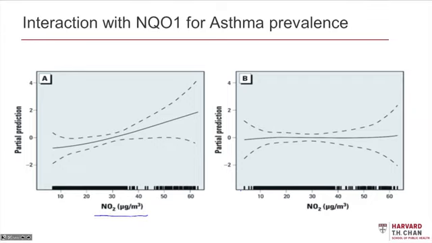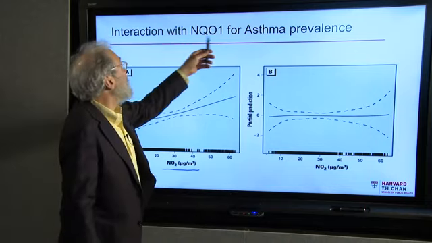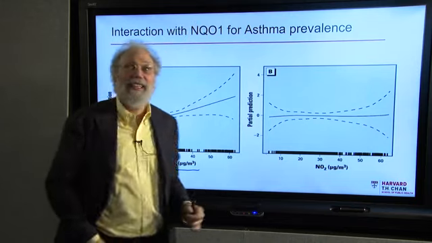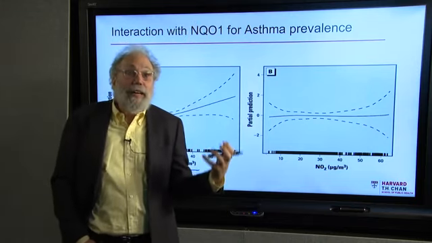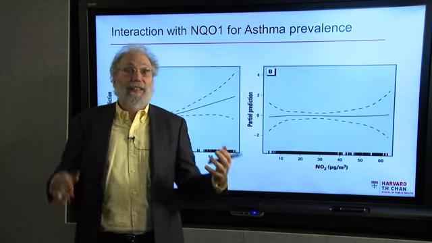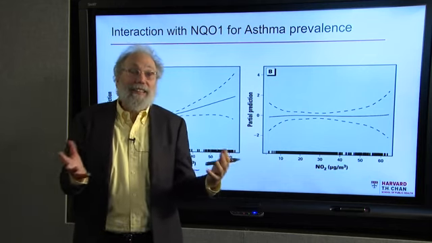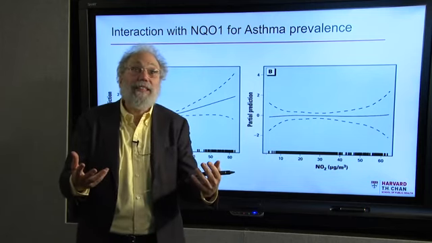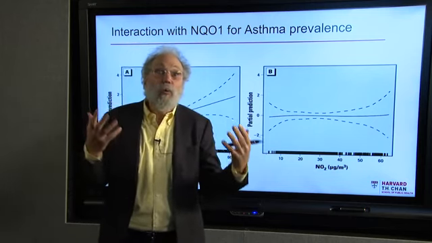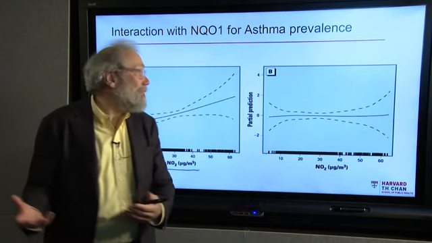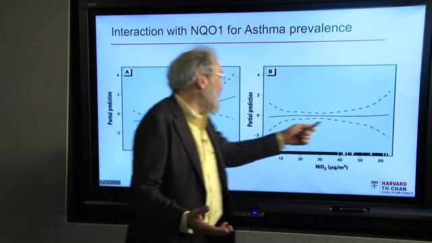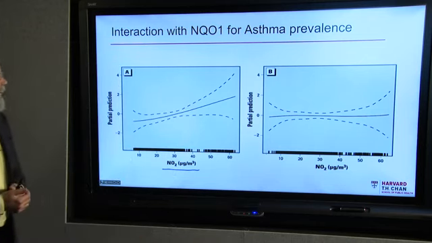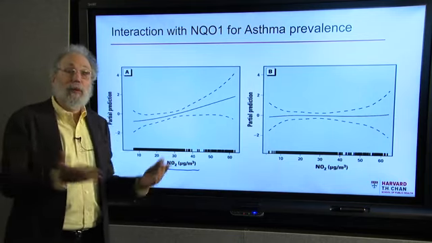And what they show is this is the NADPH quinone oxide reductase gene, which detoxifies and prevents oxidative damage from certain kinds of foreign substances, and depending on which polymorphism you have, either nothing happens or the risk of asthma goes up with NO2.